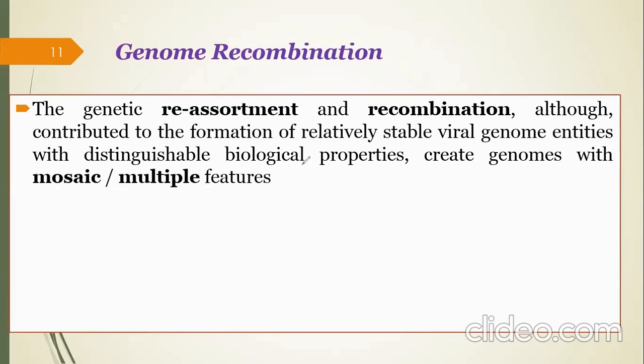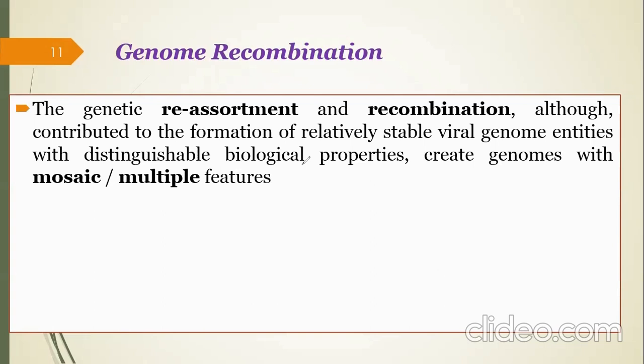Like in the coronavirus, it has been known that a small portion of the coronavirus is taken from HIV. So from HIV, a small portion is taken, and this sequence was drawn from HIV.